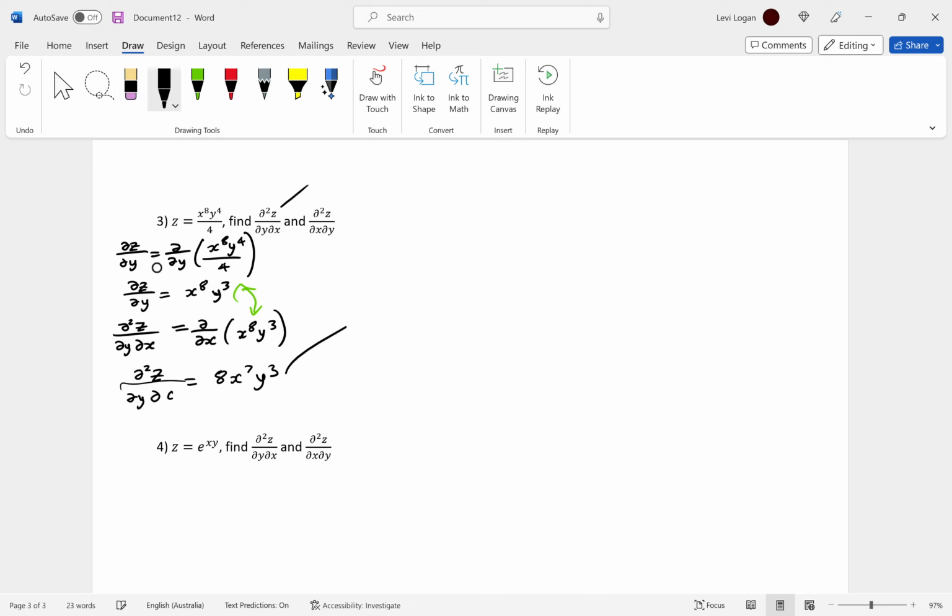Alright, let's have a go at this one. You're going to differentiate the whole thing with respect to x because the x comes first here. So delta z over delta x, differentiate the entire thing with respect to x. So the 8 comes down the front, 8 divided by 4 is 2.